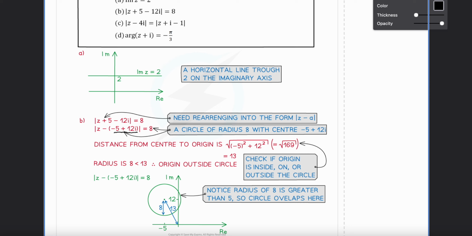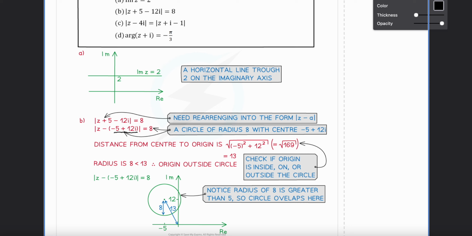Since 13 is greater than our radius, it means the origin is outside of our circle. So we're going to have our circle with center minus 5, 12, and radius of 8. And we just make sure that in our sketch, the origin is outside of the circle, right?